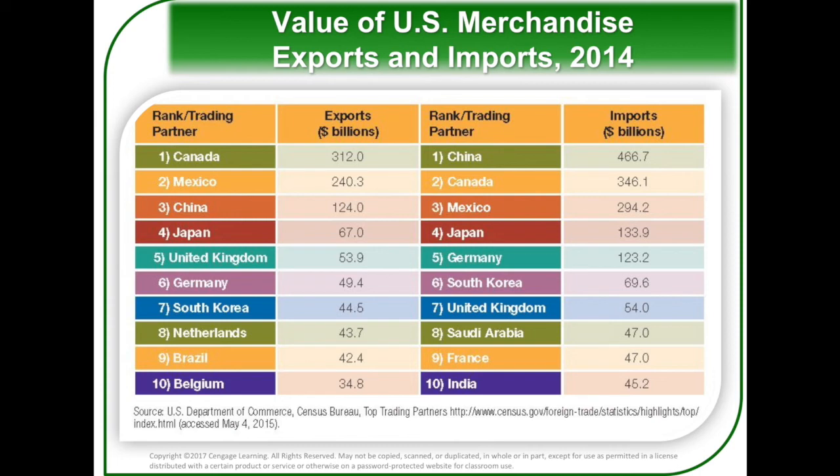You look at exports, it's 312 with Canada, 240 with Mexico, and it continues down. With the UK is about 54. Then when you get over to China, imports 466. The second one is Canada, then Mexico and Japan.